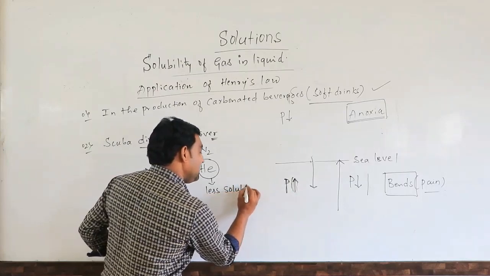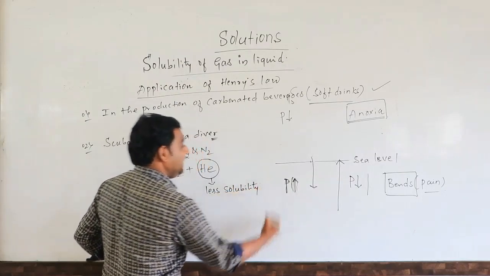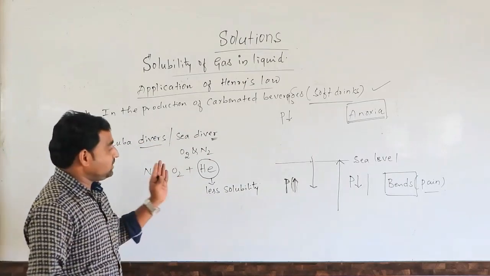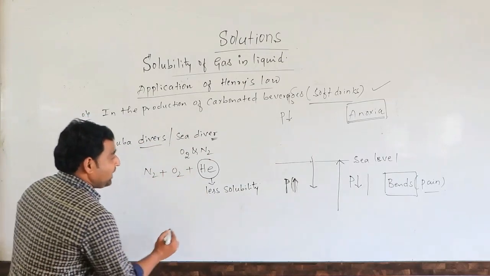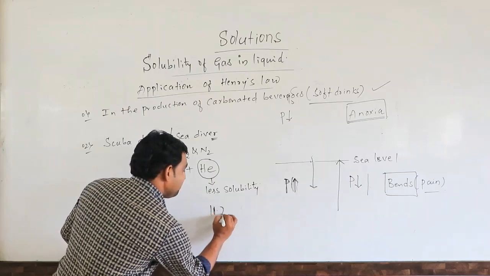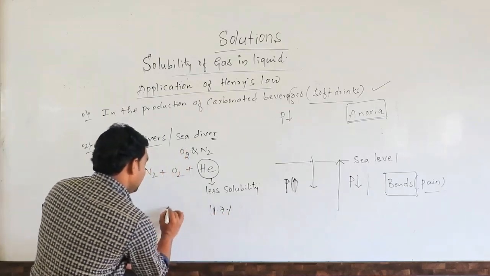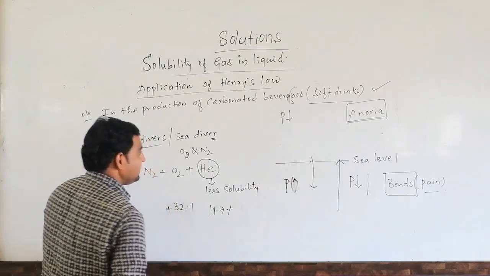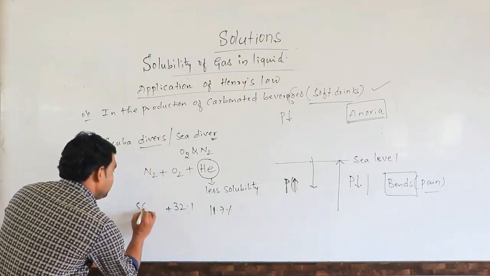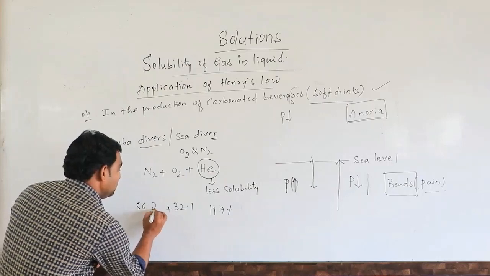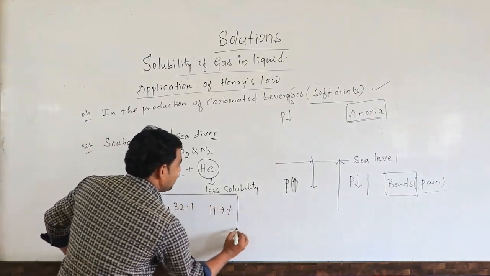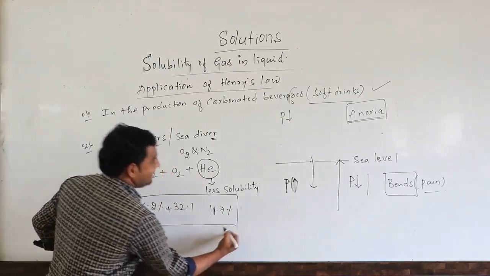This mixture contains helium 11.7 percent, oxygen 32.1 percent, and nitrogen 56.2 percent. This is the mixture of gases present in the tank.